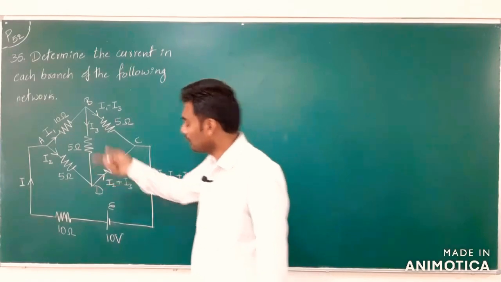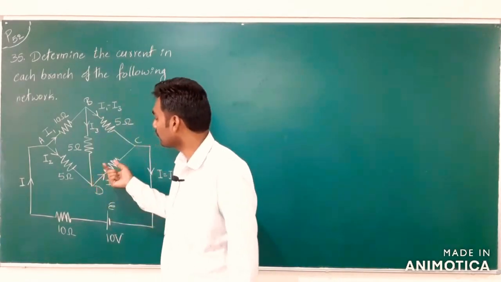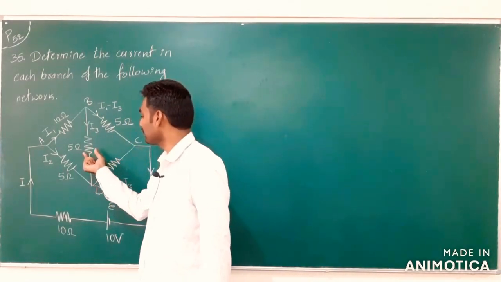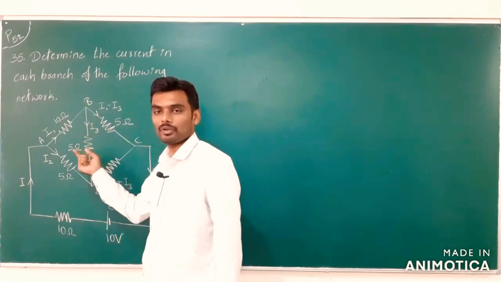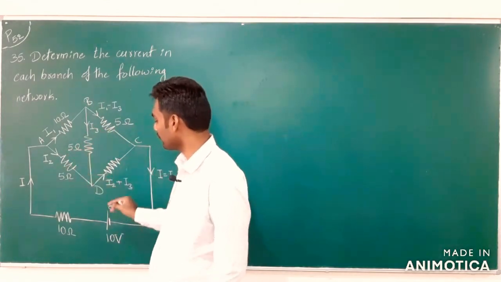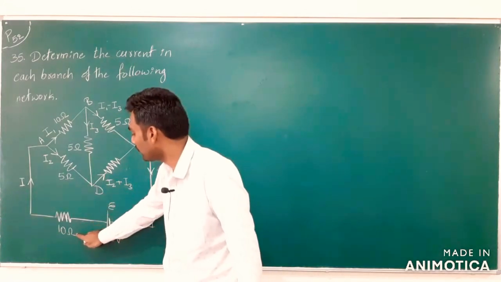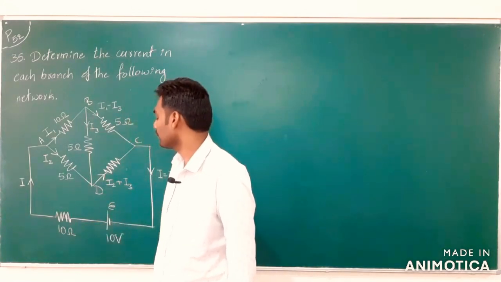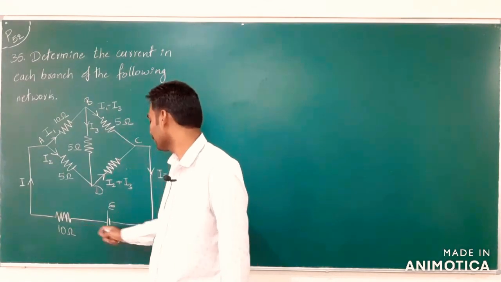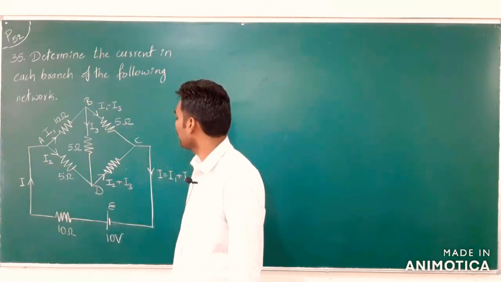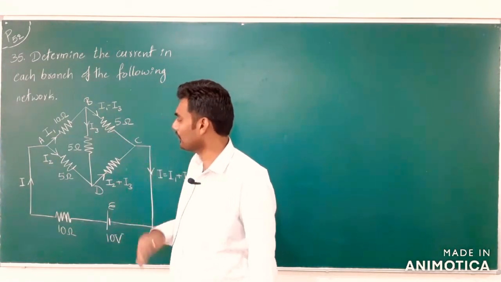Again, when we look into the network, what we see is a resistor here in the place of the galvanometer. Rest everything looks like a Wheatstone's network itself. One more extra thing is we have an extra resistor here with the cell, and rest everything is similar to a Wheatstone's network.